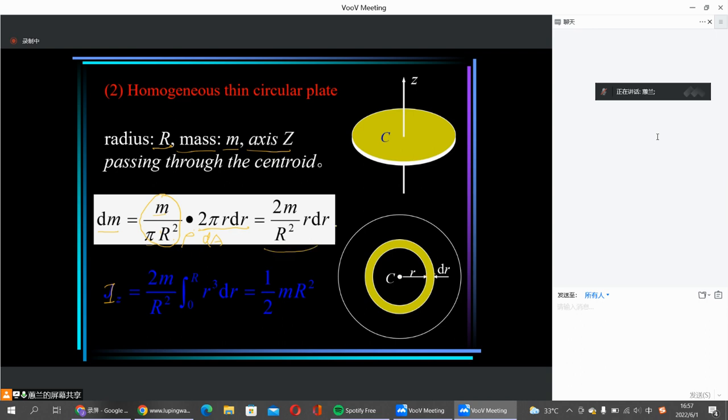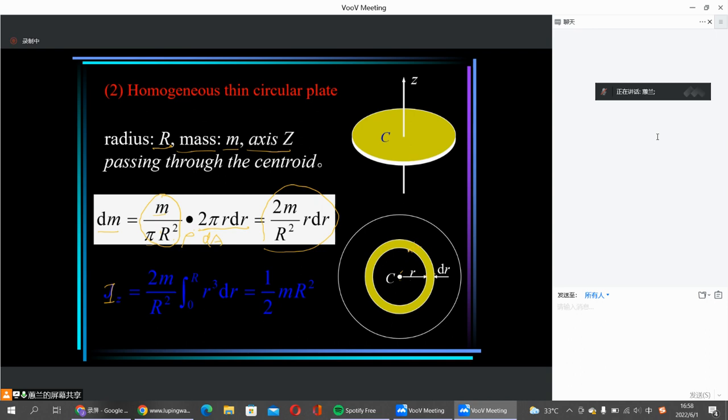So we have the mass of the element, and then times r squared. R is the distance from the element to the mass center. Why do we choose this one instead of choosing it this way, dr d theta?